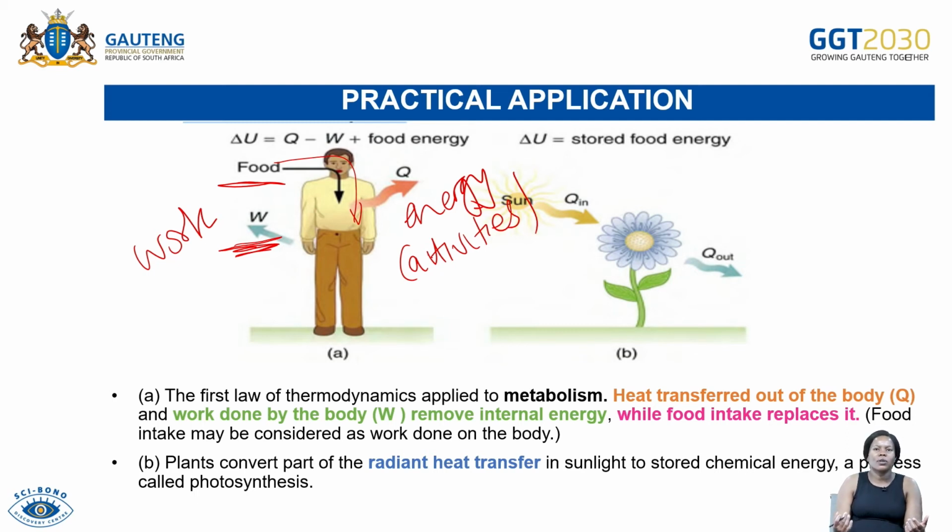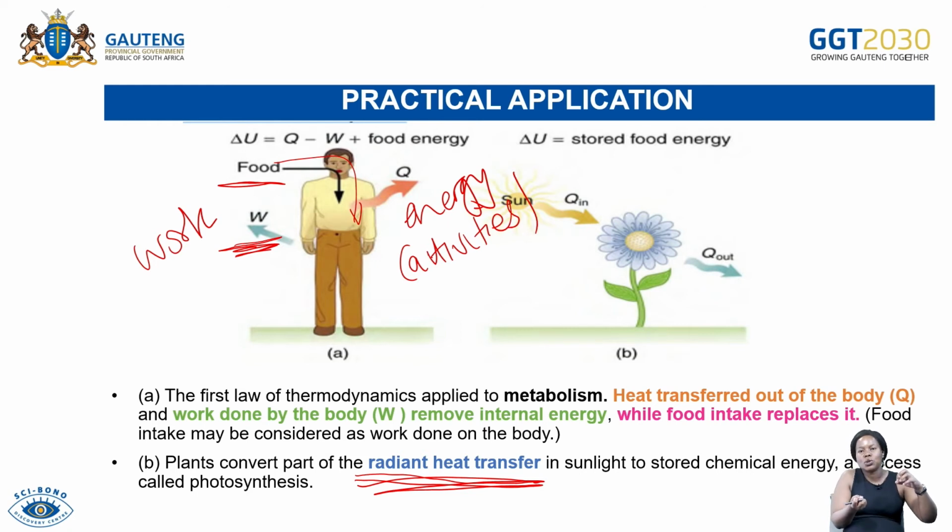The same process happens with plants. Plants convert part of the radiant heat transfer that they get from the sun so that they are able to go through a process we call photosynthesis, so that they have their own food. They use the sunlight, the radiant heat transfer, so there is a transfer of heat from the sun into the plant.